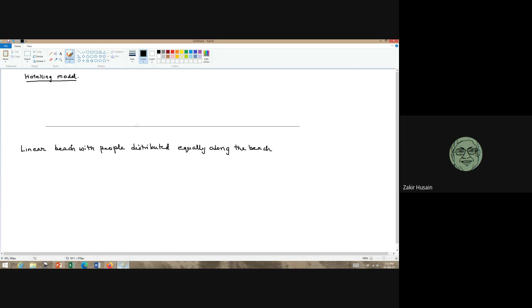That is, there's no huge cluster over here, nothing like that. People are sitting equidistant. Now you have got two ice cream vendors with their carts.